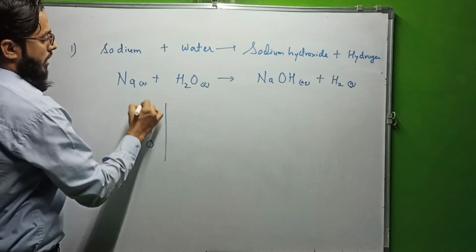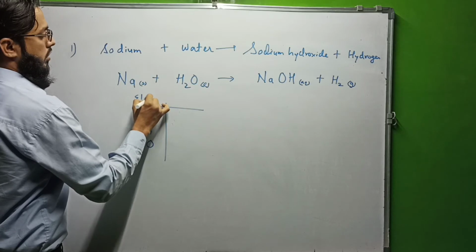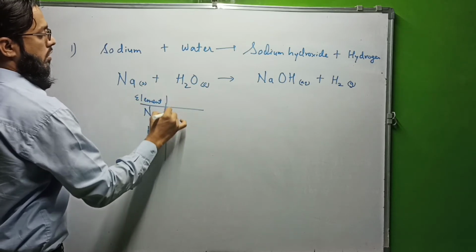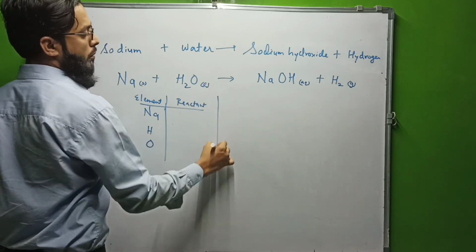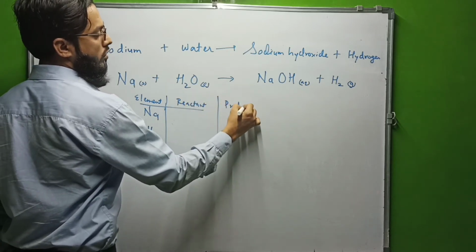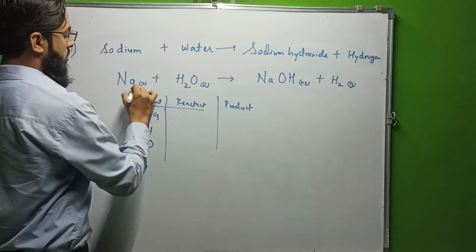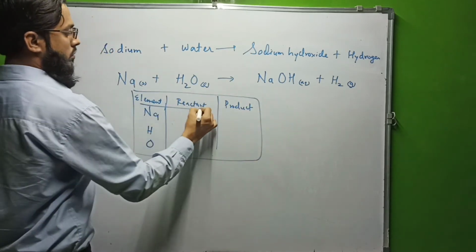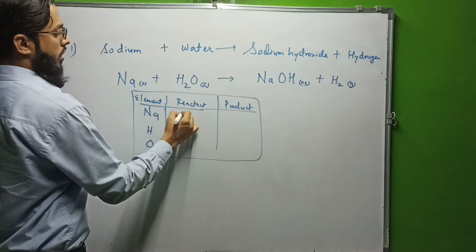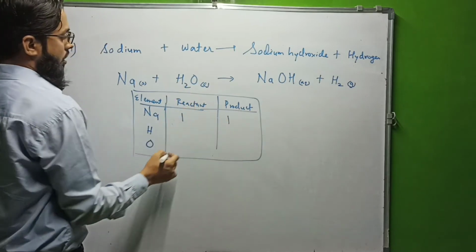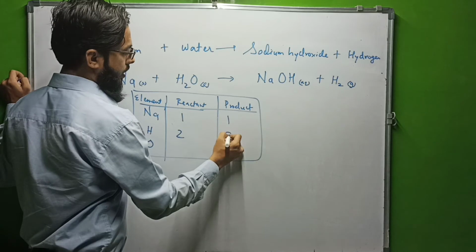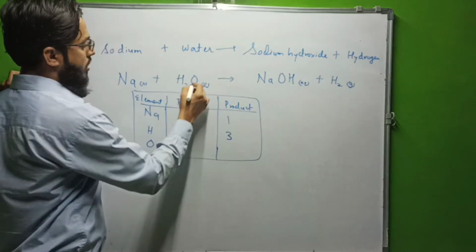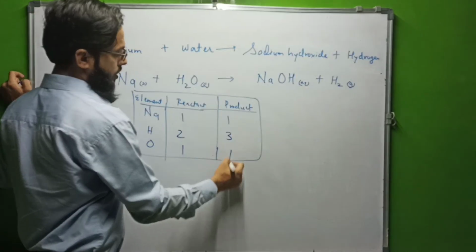Now, how many different elements do we have? We have 3 different elements. Reactant, product: sodium we have 1, hydrogen we have 2, and oxygen we have 1.